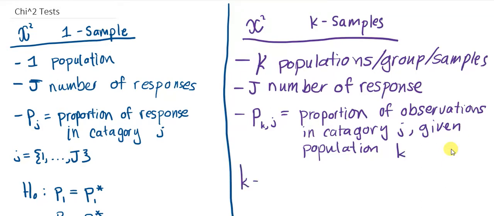Lowercase k can be any number between 1 up to uppercase K, and lowercase j is any number between 1 up to uppercase J.